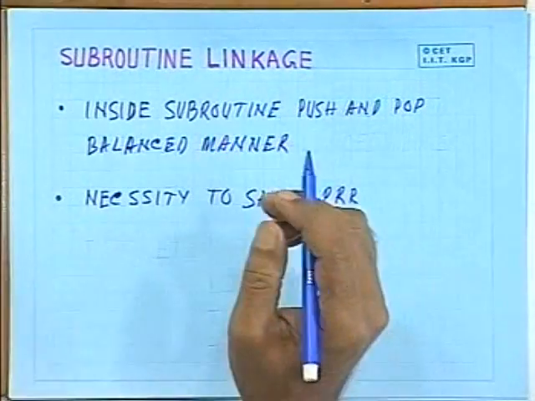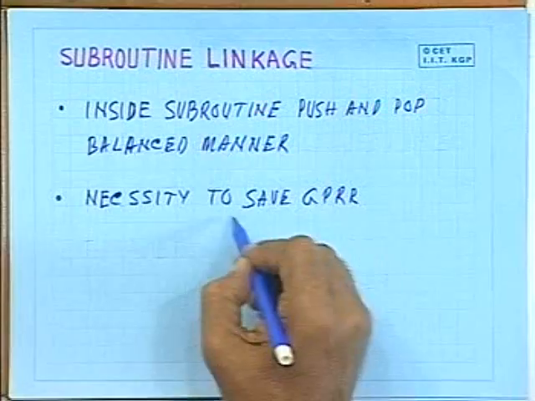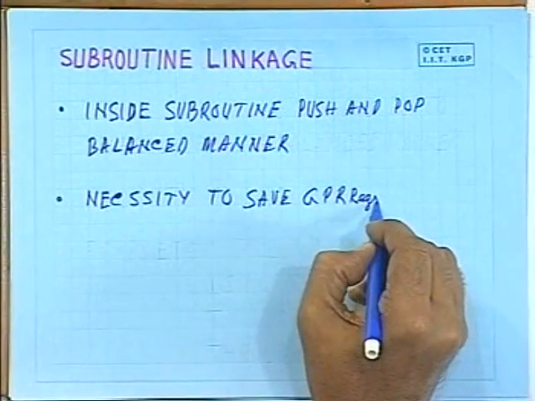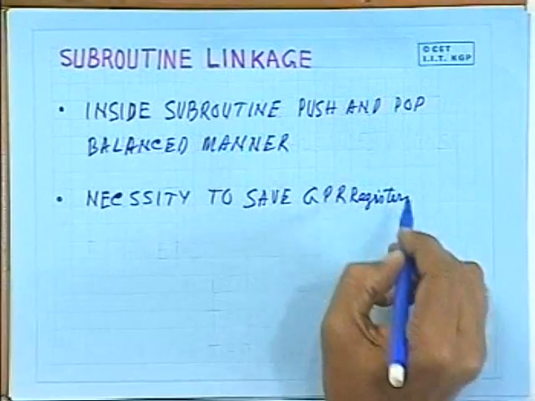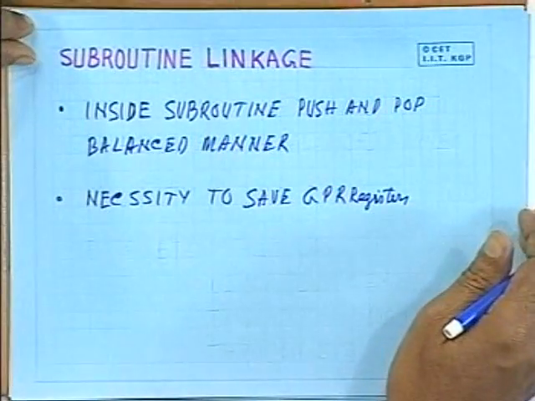Suppose you have used some registers in your main program, and as you call the subroutine, that subroutine also uses the same set of registers. So, the intermediate values which were stored in those registers by the main program will be lost if those registers are not saved. So, you have to save those general purpose registers before you jump to the subroutine.